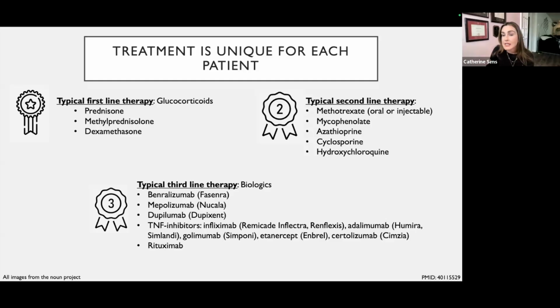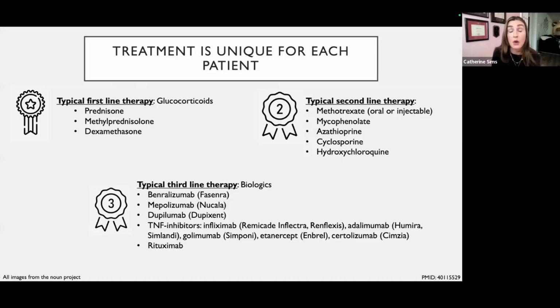And then some patients, let's say you keep flaring, you don't feel better despite taking the maximum dose of one of these medications, you may require a biologic medication. So something like Nucala or Fasenra, which are relatively newer medicines, you may require a combination of these two therapies in order to get off of prednisone. Every provider's approach is different because there's such little data and research in EF that there's not a standard algorithm to treat.